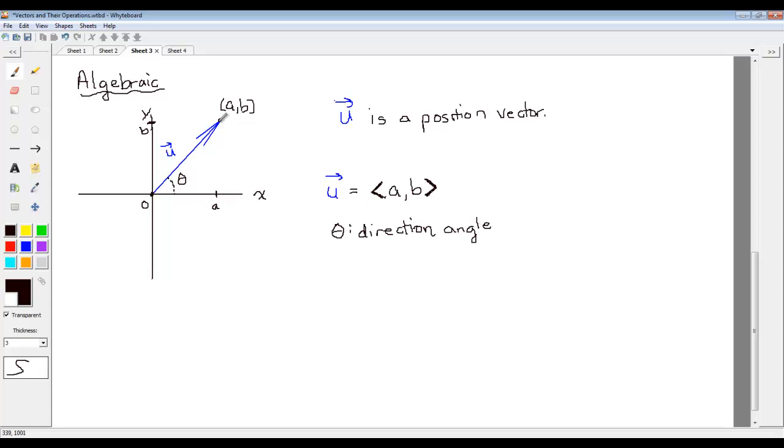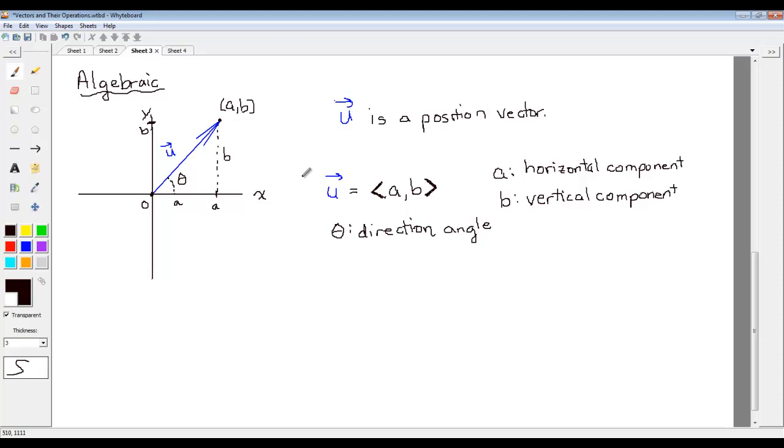Alright, so that a is considered to be the horizontal component, and that b is considered to be the vertical component. So you've got position with the a, b, you've got direction with the theta. And then you're able to work from there.